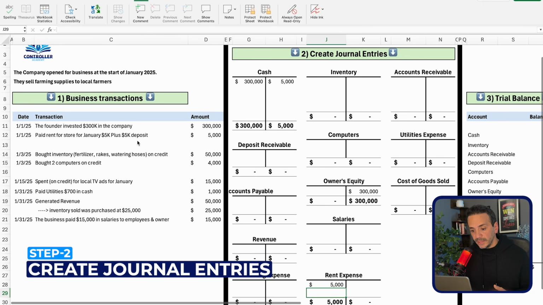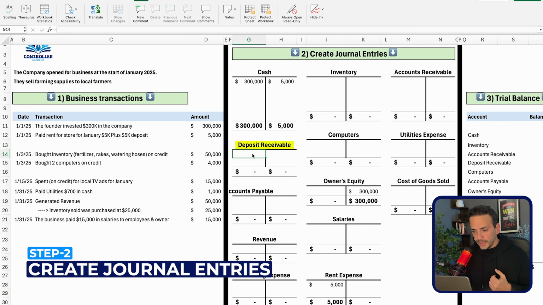The other $5,000 is a deposit. Now this deposit is refundable at the end of the lease, so we're going to call it deposit receivable and record it here. So we debit deposit receivable for $5,000 and credit cash for $5,000. That's our second transaction.